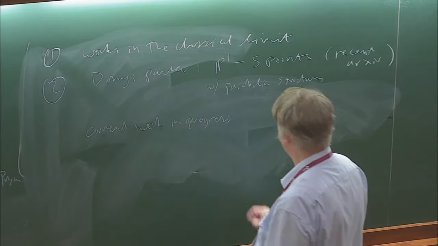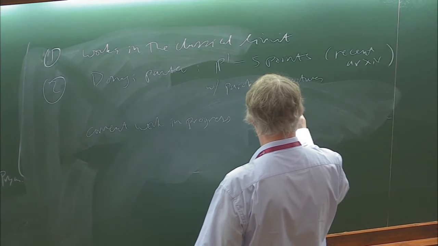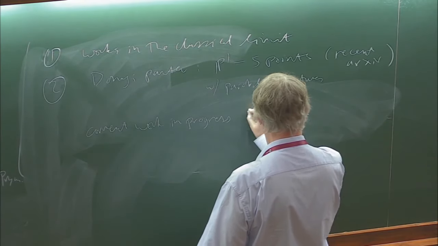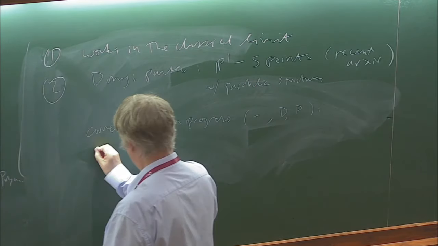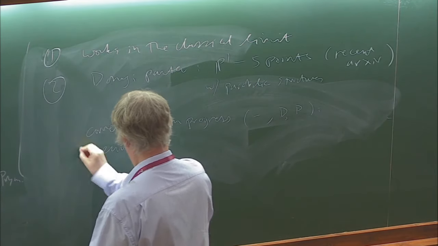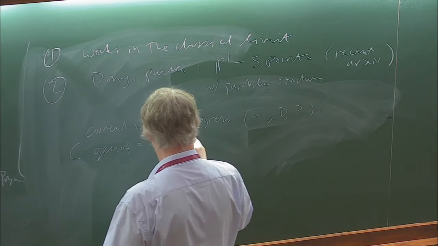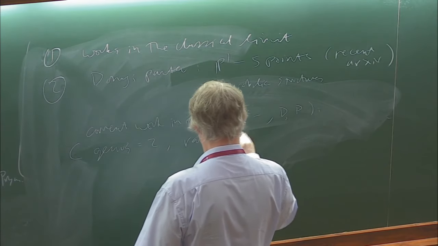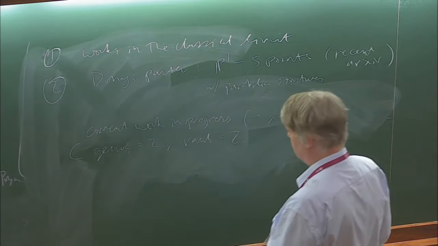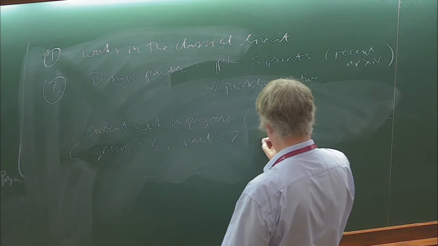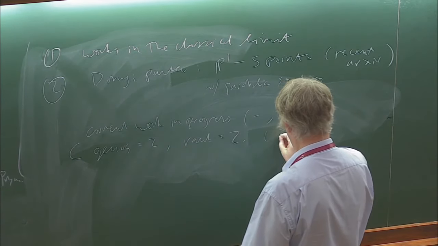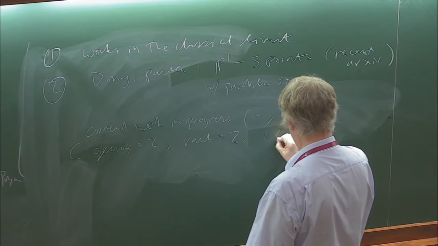current work in progress with them treats the case of genus 2 curve. But let me just say, we're still kind of having trouble with the Hecke. So the Chern class calculations look okay.